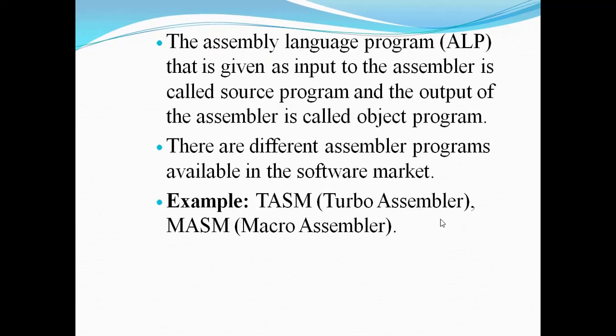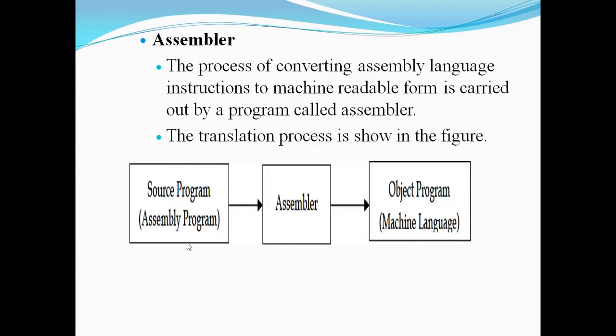The assembly language program, ALP, that is given as input to the assembler is called source program, and the output of the assembler is called object program. So this is the source program, it is assembly program, and its output is in the form of machine language. This is also called object program.